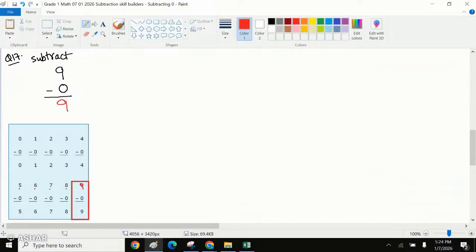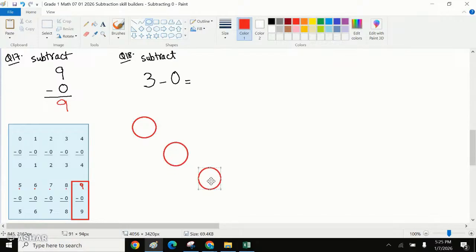Let's go to the next question. It says subtract 3 minus 0. So if we have 3 circles, let's suppose 1 circle, 2 circles, and the third circle, right?